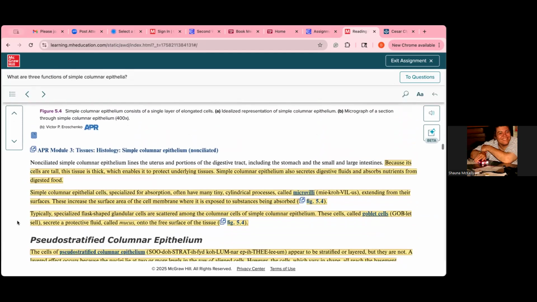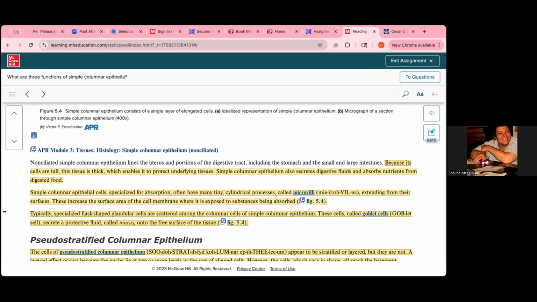Okay, so non-ciliated simple columnar epithelium lines the portions of the uterus and the digestive tract, including the stomach and large intestines. Because its cells are tall, this tissue is thick, which enables it to protect underlying tissues.